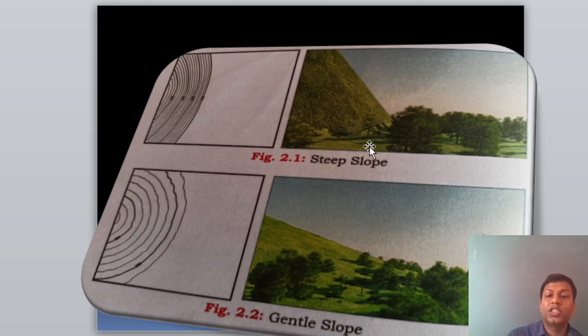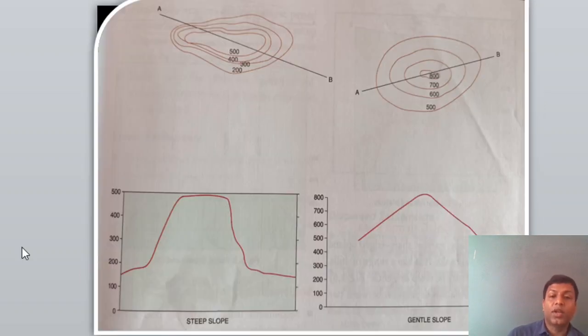That means it shows a steep slope, and the gaps increase in the second one, that is a gentle slope. Look at this. This is the steep slope figure, the actual ground figure, and these are contour lines. You can divide the contour lines and point them out as A and B like that, with one line definitely passing through the center of the contours. I hope it is clear.